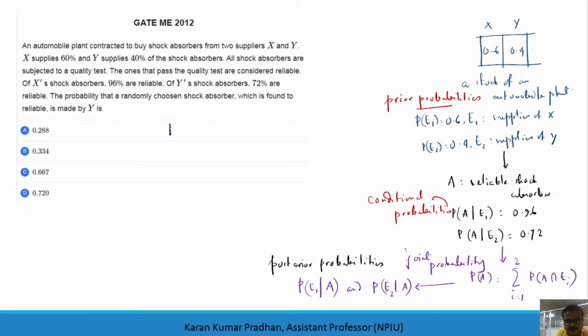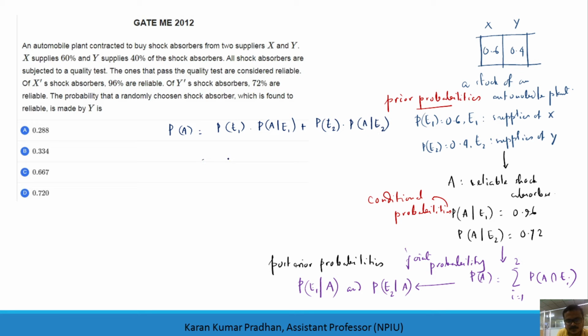So the probability of A is what? The probability of Ei times the probability of A given Ei. Here we have E1 and the probability of A given E1, that means the supplies of this, plus the probability of E2 multiplied by the probability of A given E2.